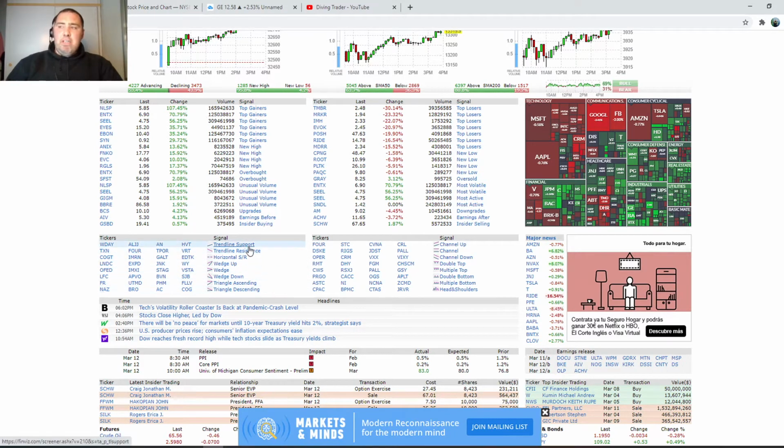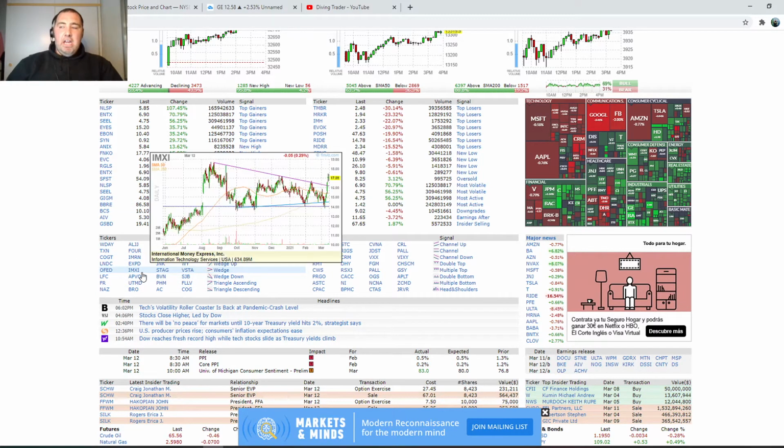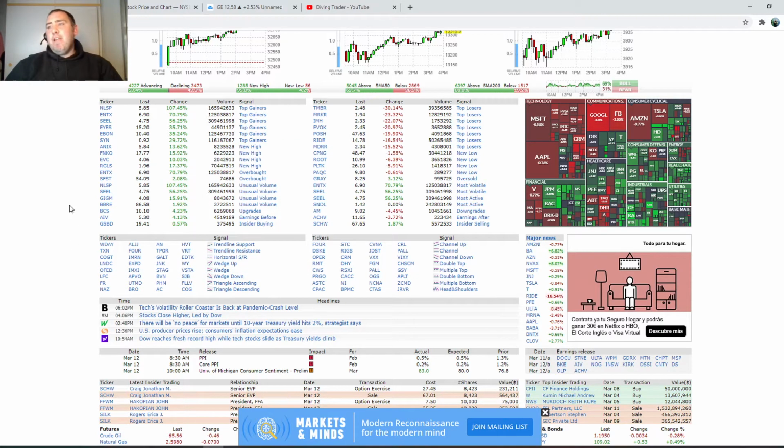For example, this one has a strong trend line support, and this one may have a strong trend line resistance. These are four examples of each, so it picks the top four. If you're looking for wedge up, wedge down, or ascending triangle, this is a way to look at it at a glance. But what we want to do is configure our own screen.